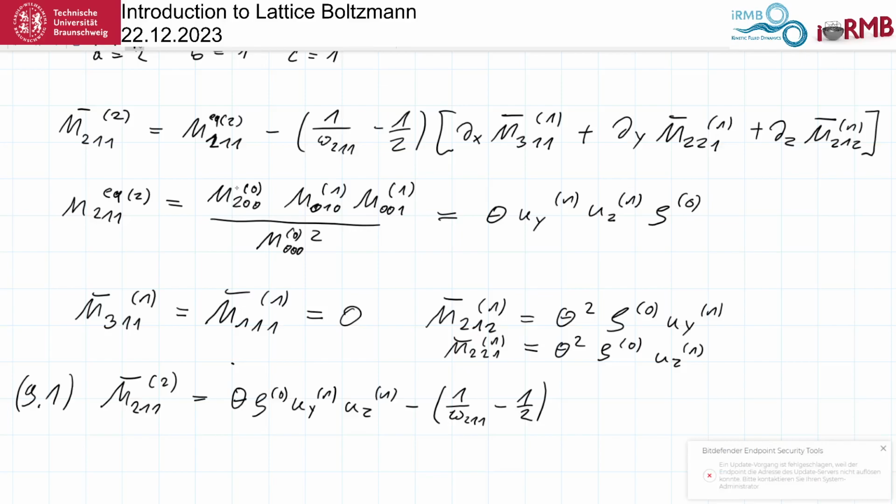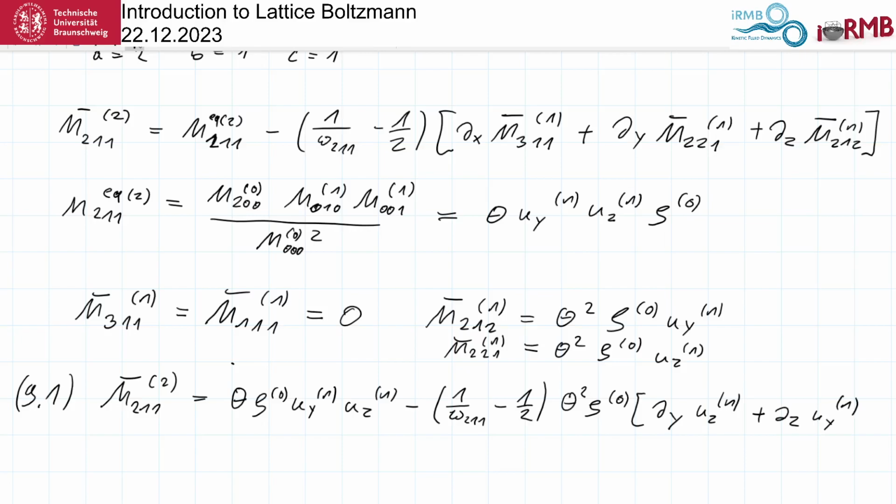Okay, so then in front of the others, there is theta rho 0, theta square rho 0. Then comes the derivatives, dy uz first order plus dz uy first order. The derivative in x will disappear because the respective moment here is 0 to first order, so it is gone. Okay, now this is the equation that comes out for this first order moment.